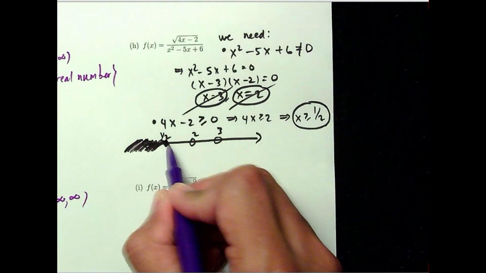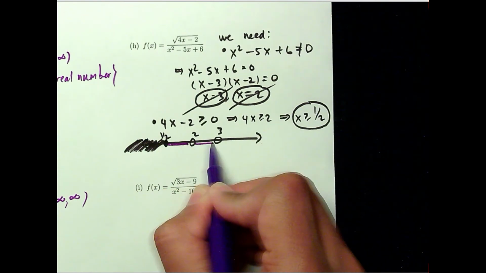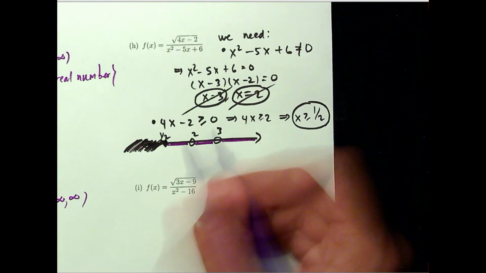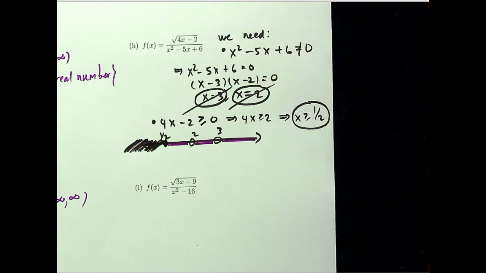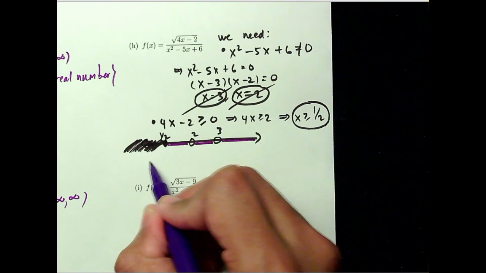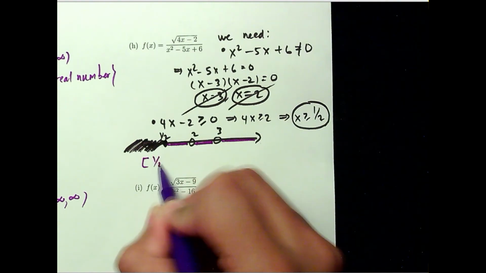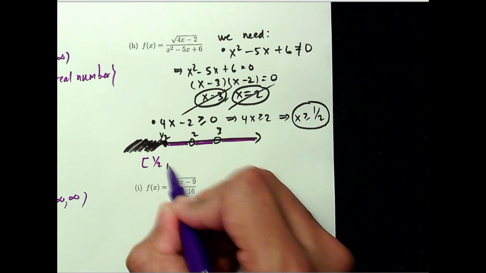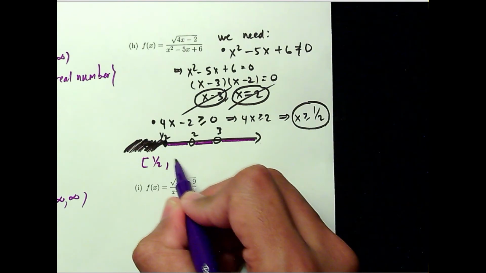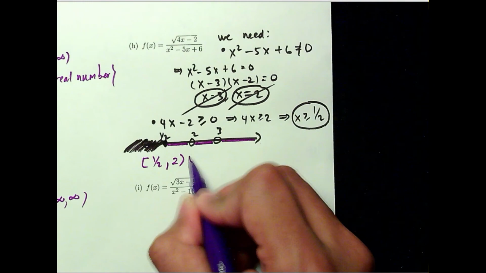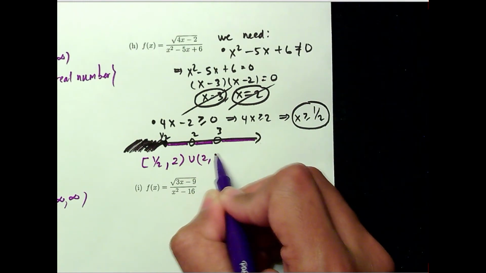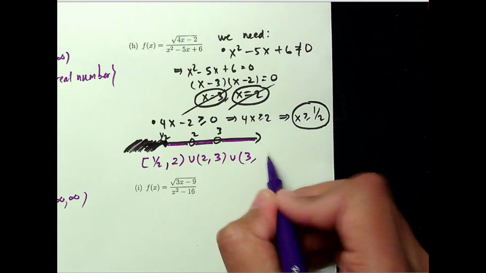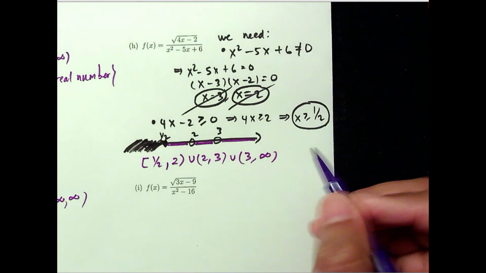So you want this part, that part, and this part. There are 3 pieces in the answer, 3 intervals. So the answer is a half, with a bracket because it's included, to 2, union from 2 to 3, union from 3 to infinity.